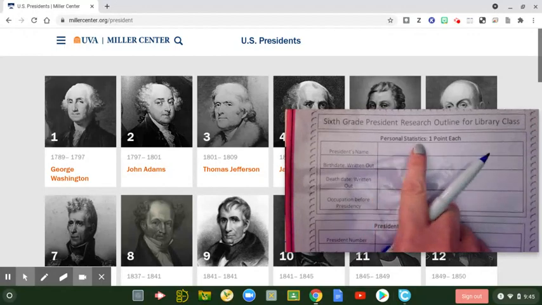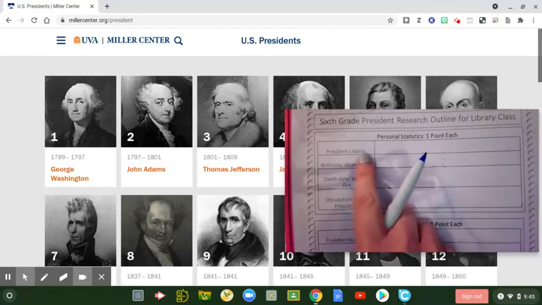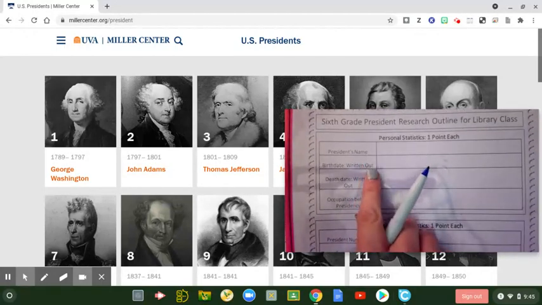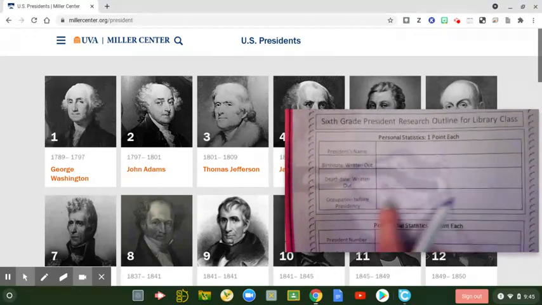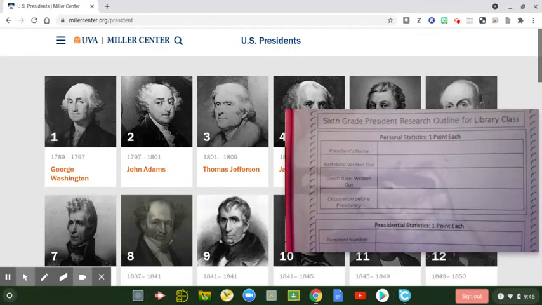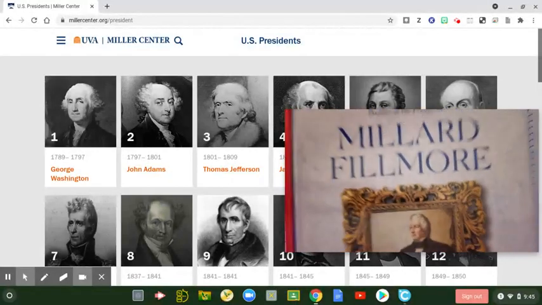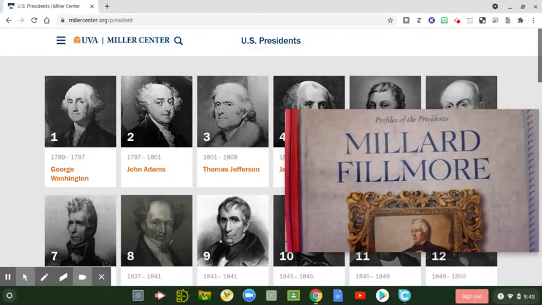All right, personal statistics, 1 point each. I'm looking for his name, when he was born, when he died, if he's dead. If he's not, then you just put not dead, and his occupation before presidency. All right, I'm going to use this book first, because this one has a lot of information in it. So that's the blue book, and there's one for each president.